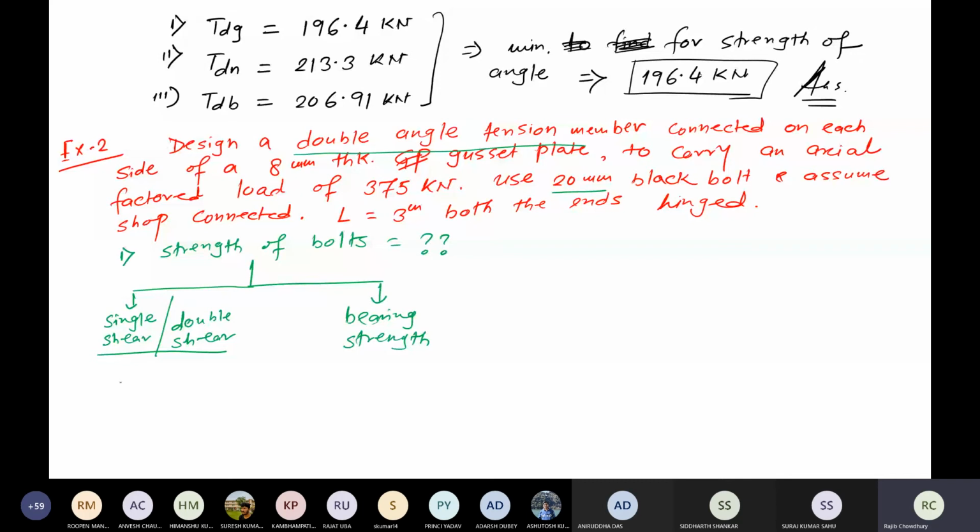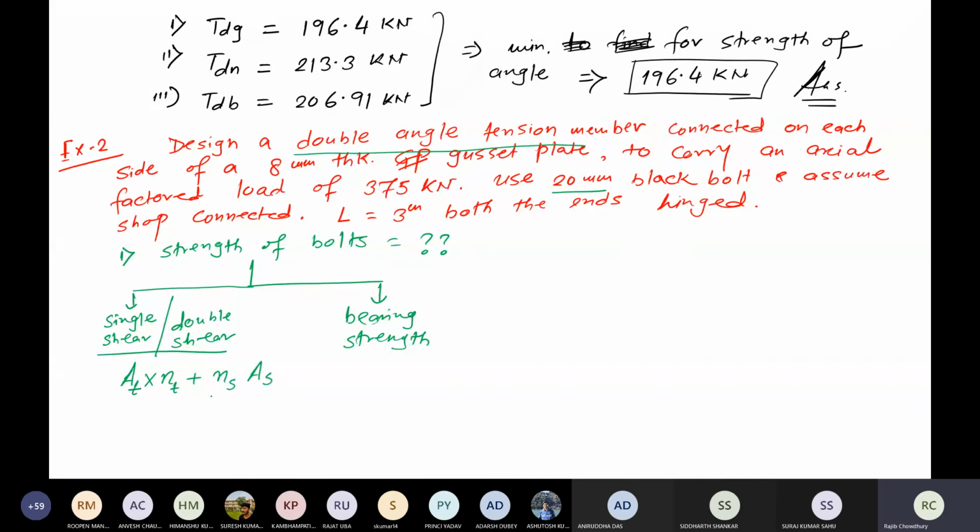The shear strength is the threaded area times NT, plus NS times AS.